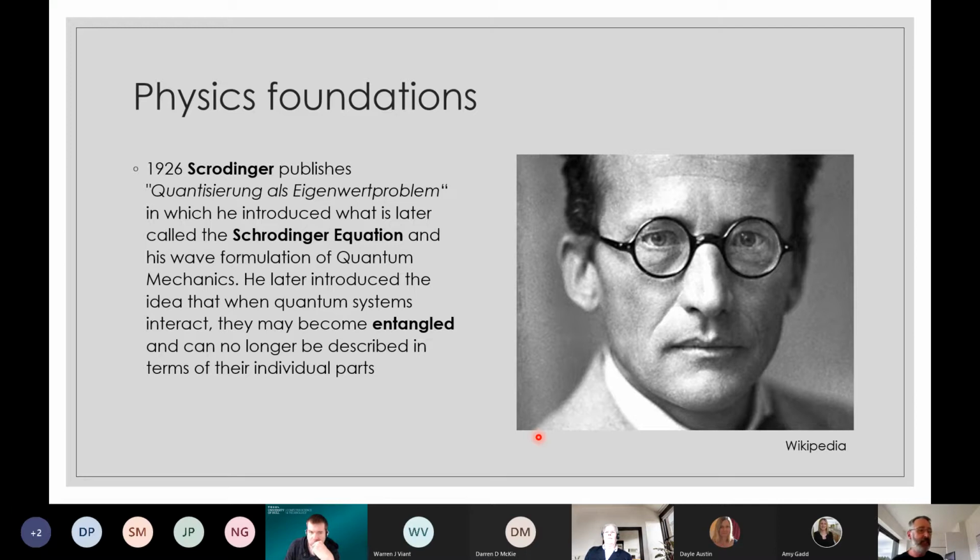But he also introduced the idea that they could be entangled, so they were no longer independent. Again, that will come back later. That is the key to quantum computing, is entanglement, or one of the keys.